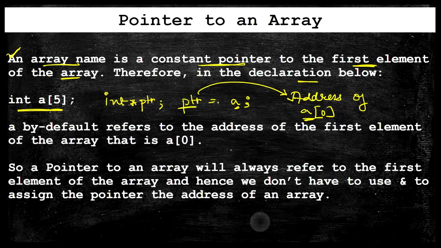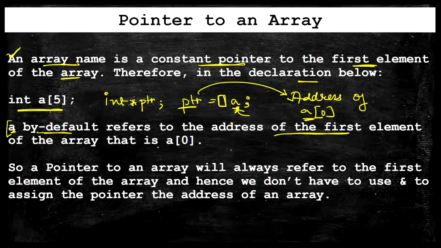And for that we do not need the ampersand over here. When you want to store the address of any array, we do not use ampersand, because a itself is a constant pointer which always points to the first element of the array, that is a[0]. So a by default refers to the address of the first element of the array.